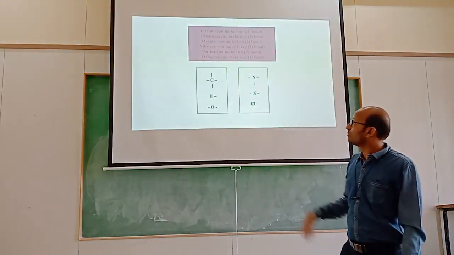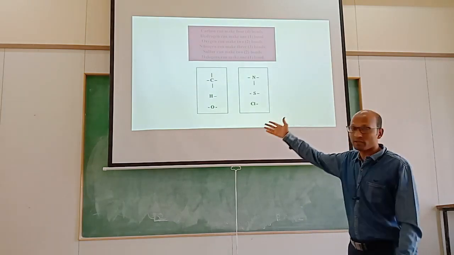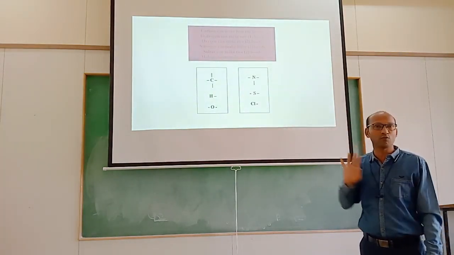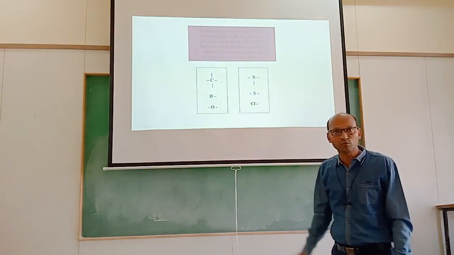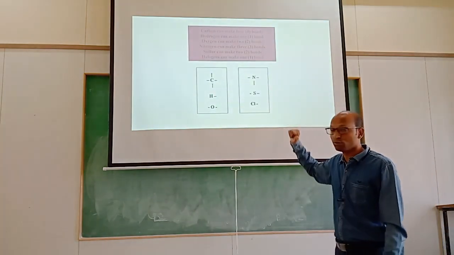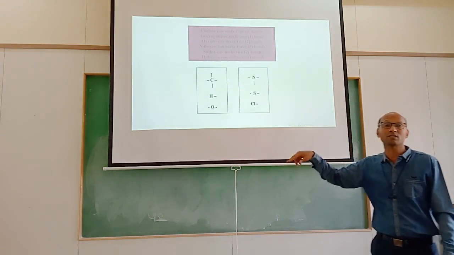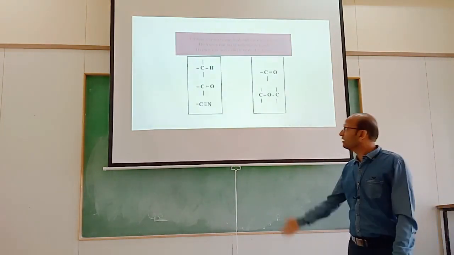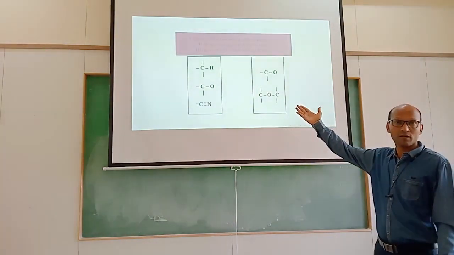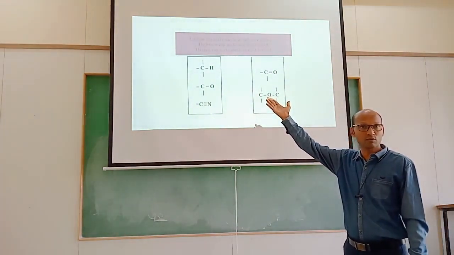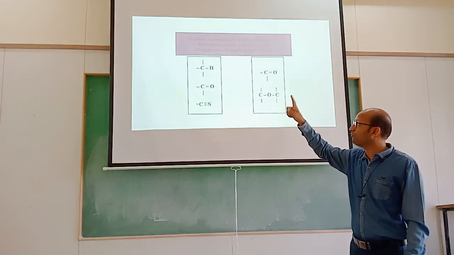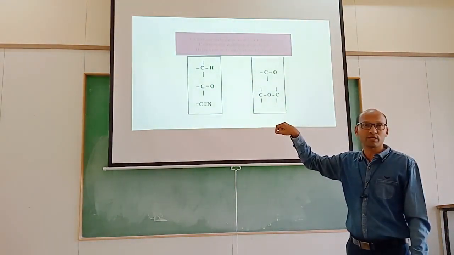Okay, then you see here I have shown the examples. For carbon I have shown 4 bonds, for hydrogen 1 bond, for oxygen 2 bonds, similarly for nitrogen 3 bonds, sulfur 2 bonds, and for halogen only 1 bond. In the first example the carbon is sp3 hybridized, I have shown 4 bonds and 1 hydrogen specifically.